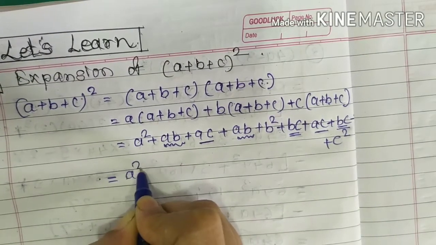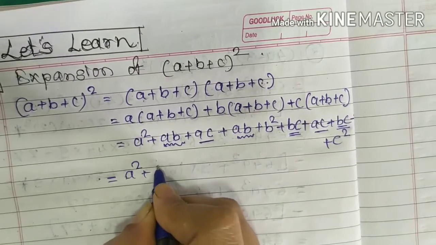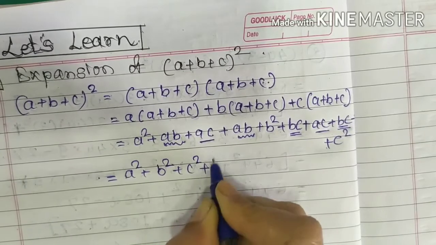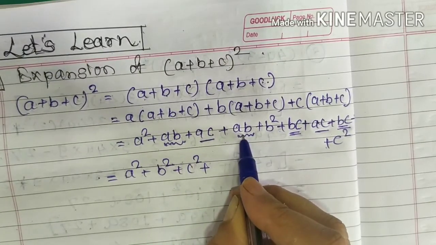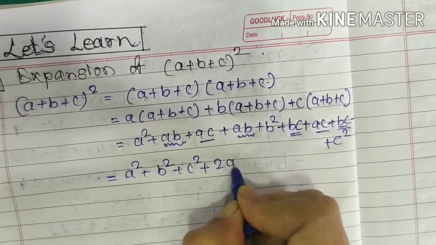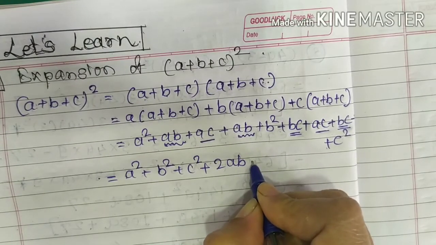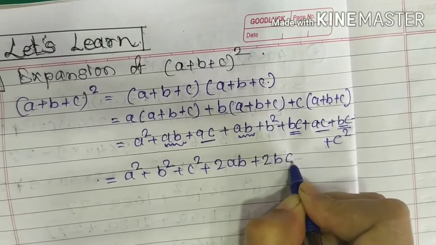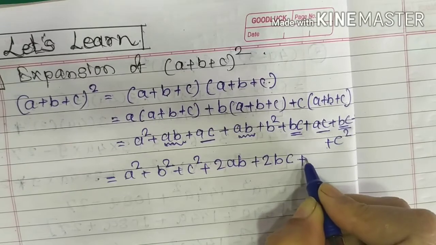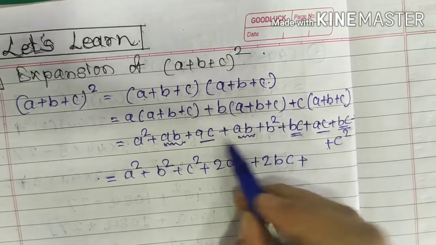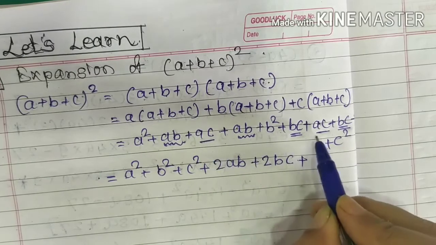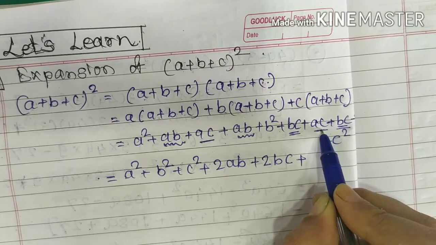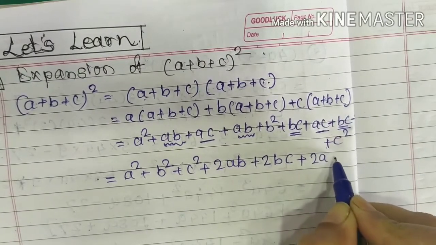First, a square plus b square plus c square, plus ab and ab, that is 2ab, then bc and bc, 2bc, plus ac and ac, that is 2ac.